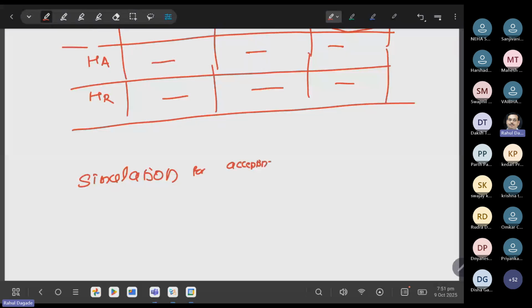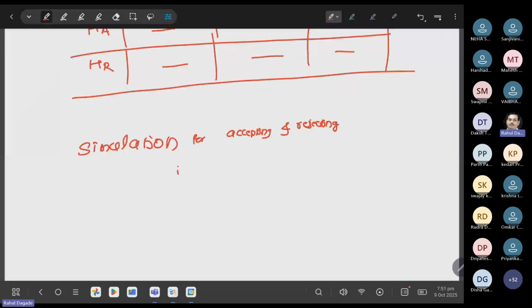Accepting and rejecting string. So let us take first is AB, AB, it's acceptable, it has to accept it. And second is that it is starting with AB, AB, and then it has something called as B. Then it should reject it.